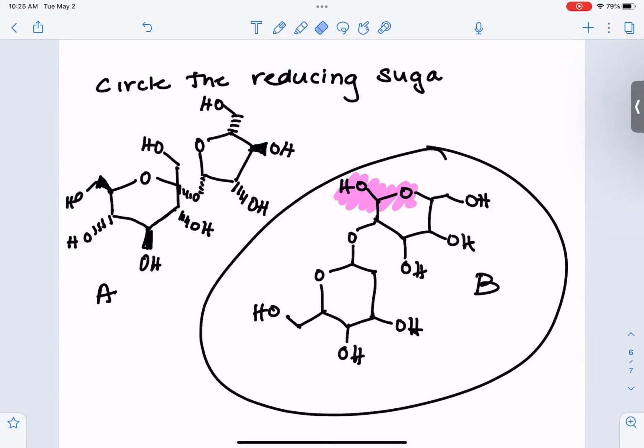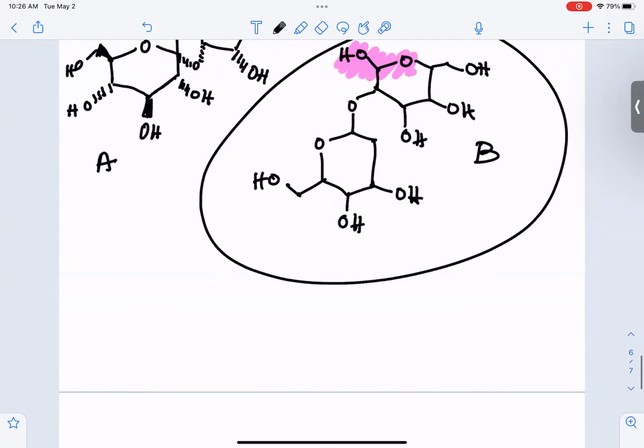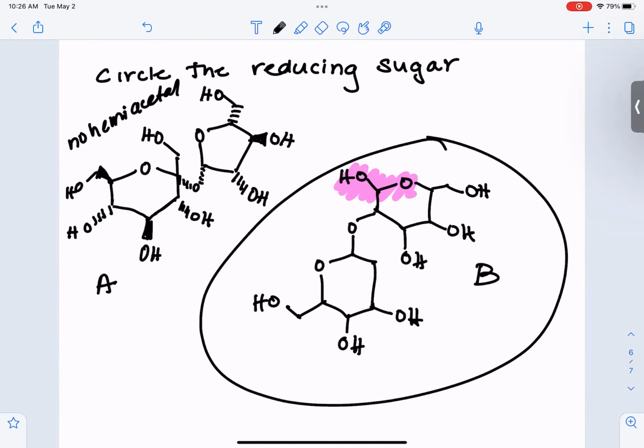All right, there's no hemiacetal here. Okay. Sorry, are we still copying?